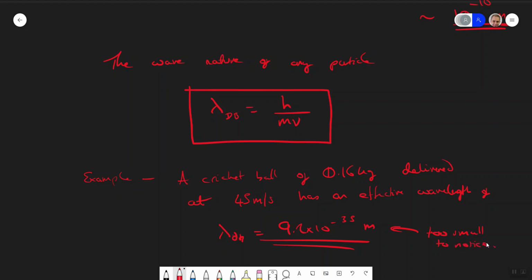We need to be dealing with things that are very, very tiny in order to detect the wave nature of them. But with electrons, we do.